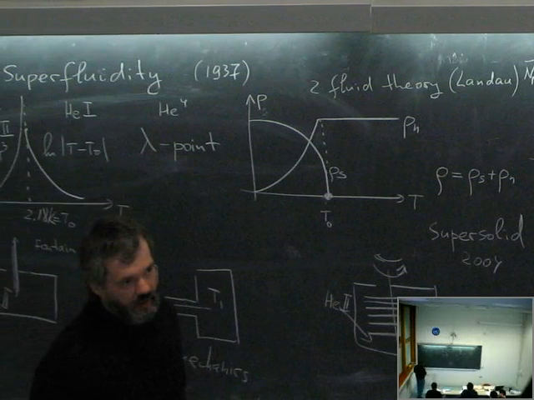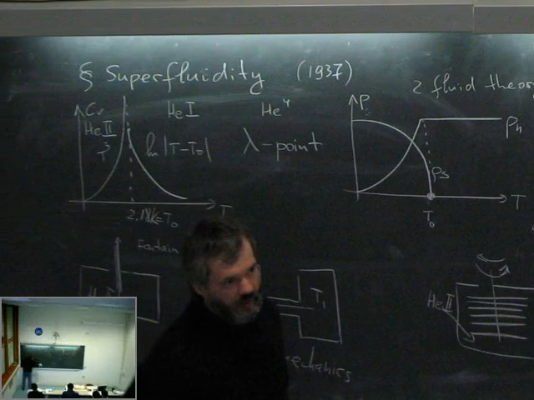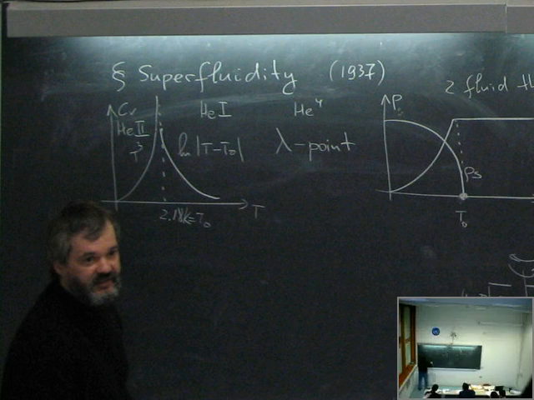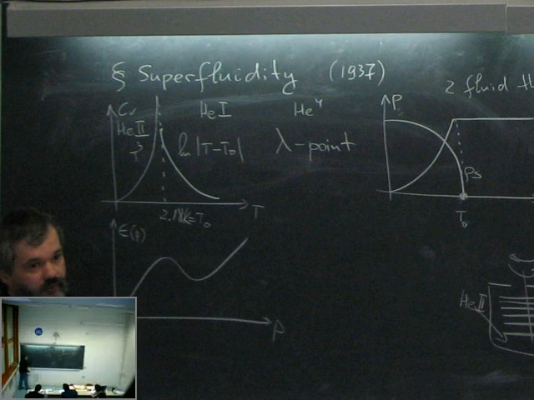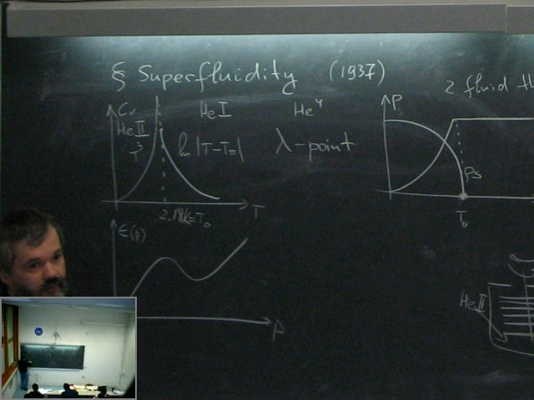Also, in order to describe the thermodynamics of this system, Landau postulated the excitation spectrum of the system, which should have the form epsilon p as a function of p. It should be a non-monotonous function of p. At small p, it demonstrates linear behavior, and this is what we would call phonons.